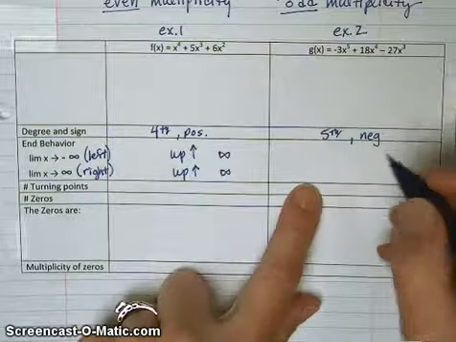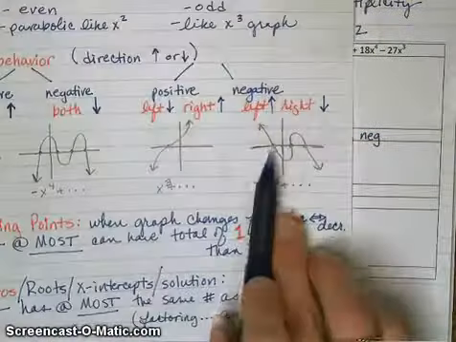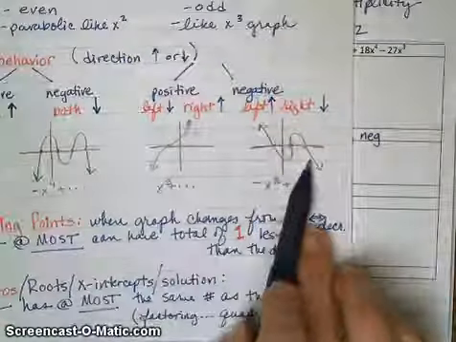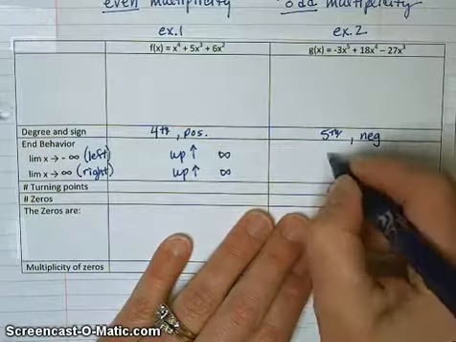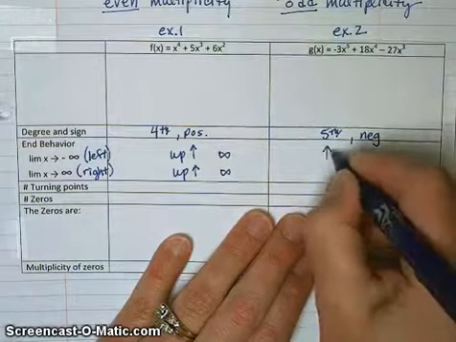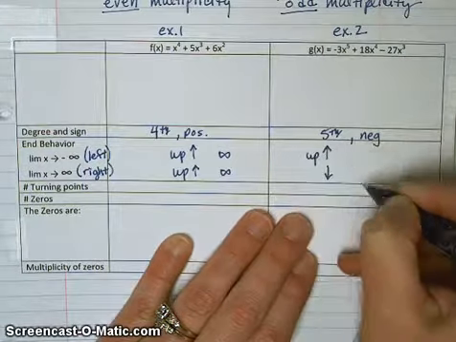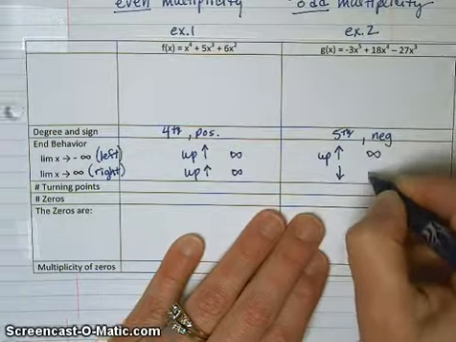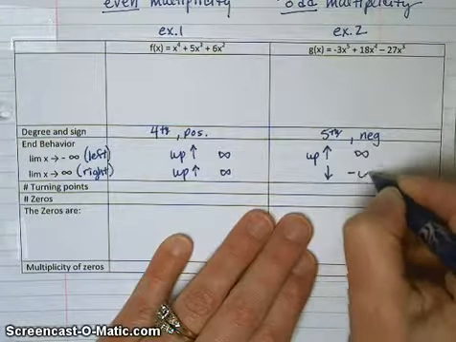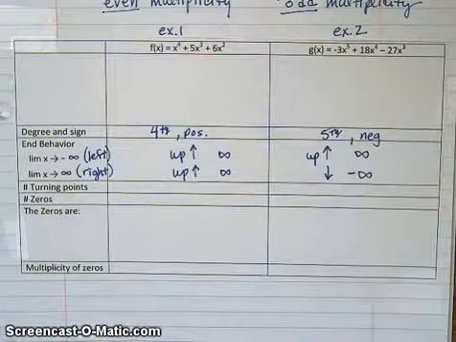Remember from our graph right here, that meant it was up, and the right side is down. So this goes to positive infinity, this goes to negative infinity. And we will continue the rest of this chart in part 2.